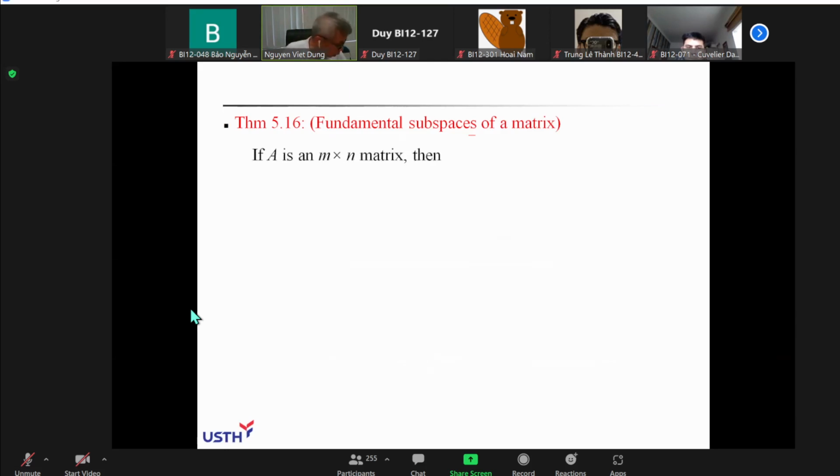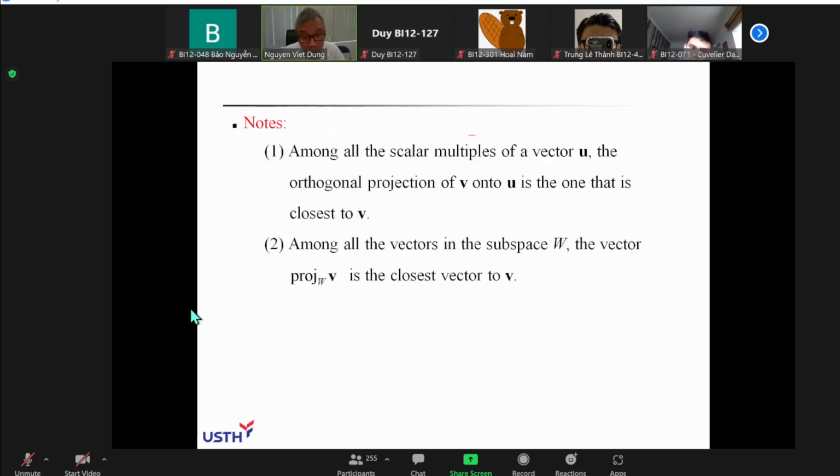I think that we should stop at this point. Next week we use those properties to do what we call the least squares problem.